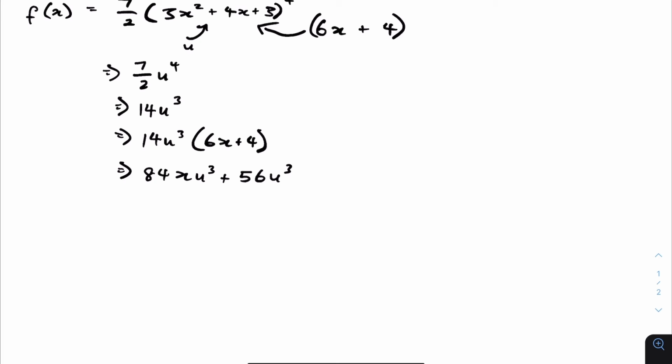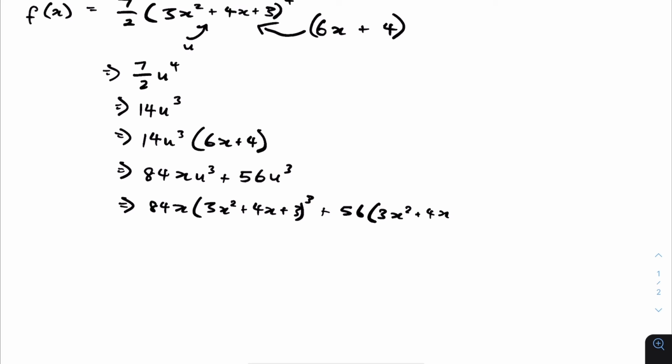And now, what we can do is substitute the value of u in. So that becomes 84x times, and then u is (3x squared plus 4x plus 3) to the power of 3, plus 56. Then we substitute that again, (3x squared plus 4x plus 3) to the power of 3.